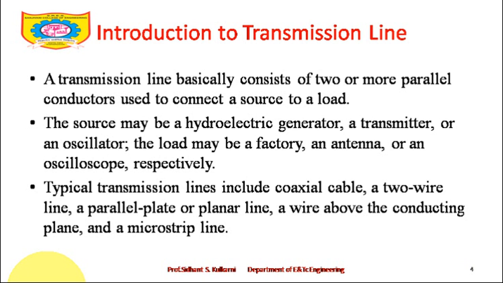Typical transmission lines include, what are the different transmission lines you might have come across? A coaxial cable. Have you seen this coaxial cable? It is a cable which is connecting your set-top box to a TV. You just go through the connections. Your set-top box with your dish, which is a dish antenna.